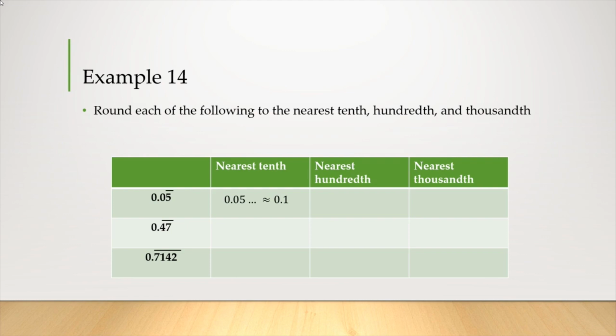So 0.05, looking at the hundredths place, rounding the tenths, I'm going to round it up to 0.1. 0.0555, I can extend it further as needed. And so the hundredths place, look at the thousandths place, I'm going to round up. So it's 0.06.